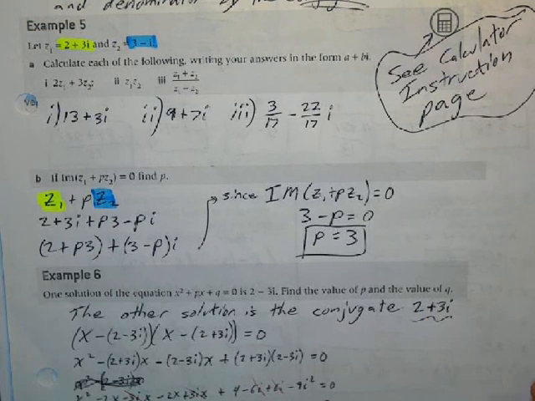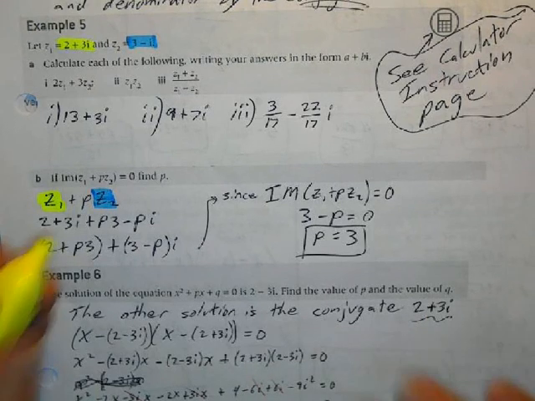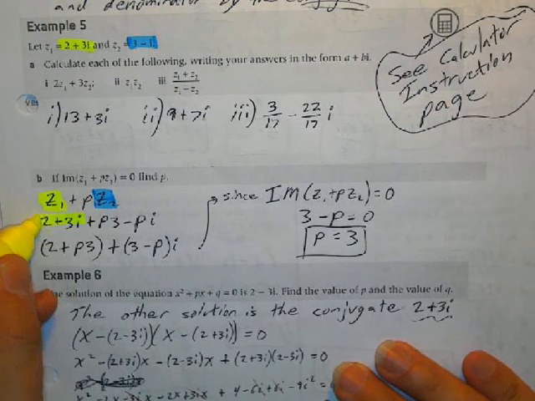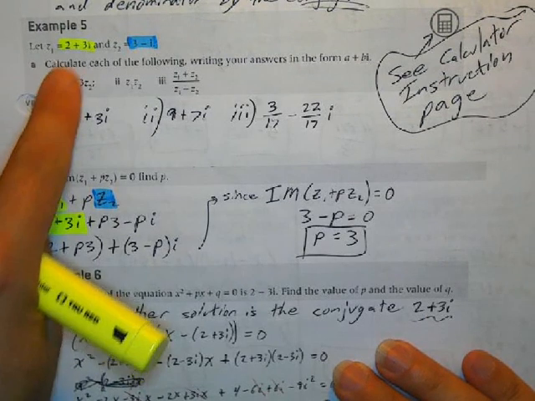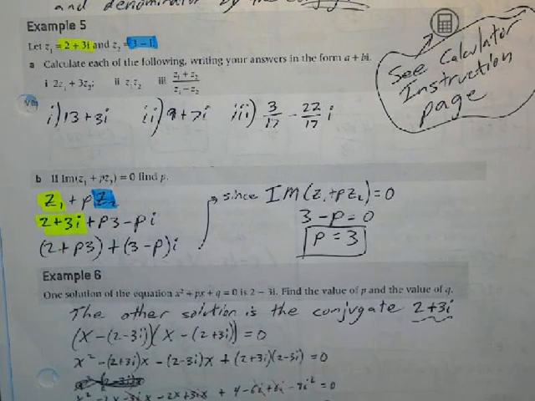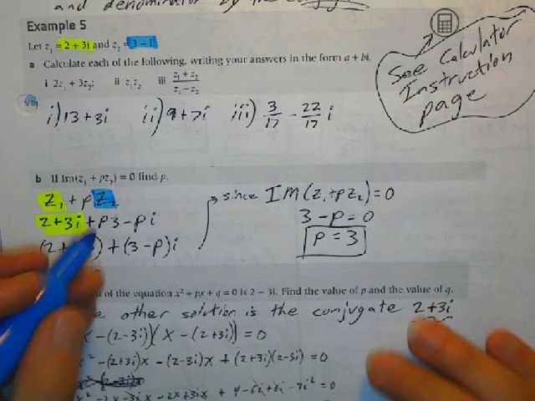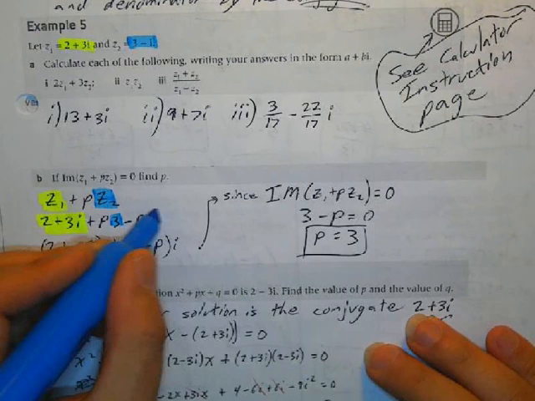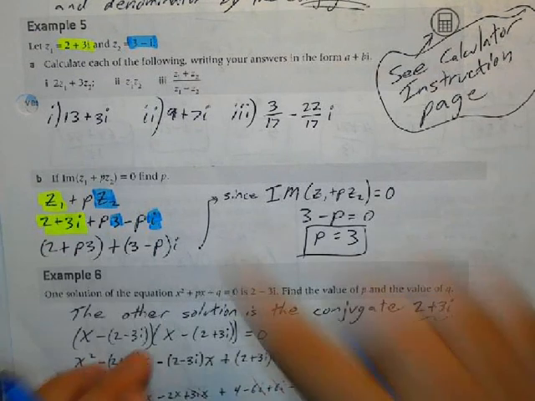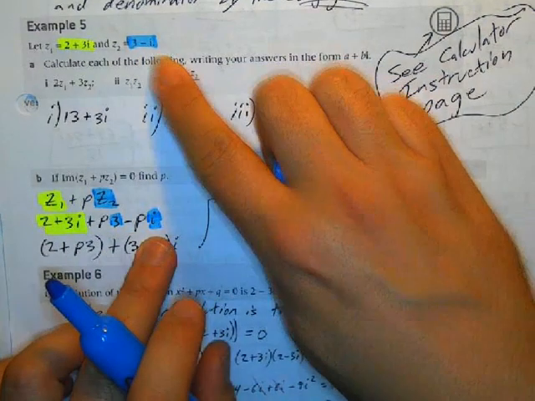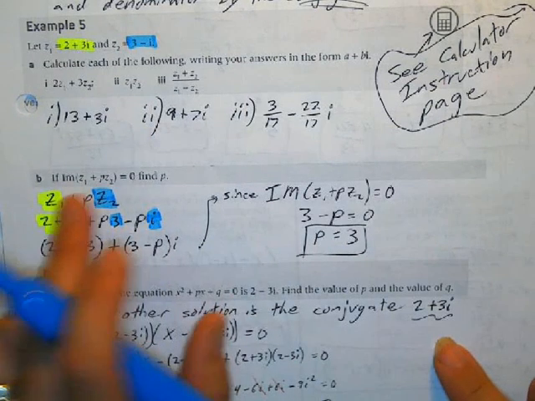Okay. So Z1, I'm just rewriting it, is 2 plus 3i, right? P times Z2 is going to give me P3 minus Pi, right? Because it's 3 minus i.